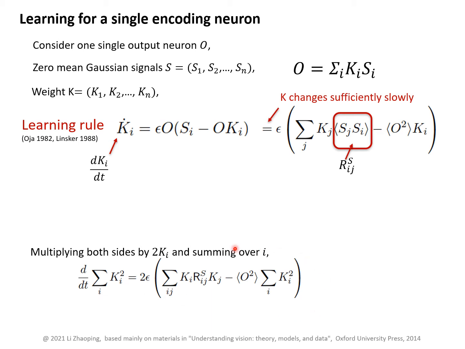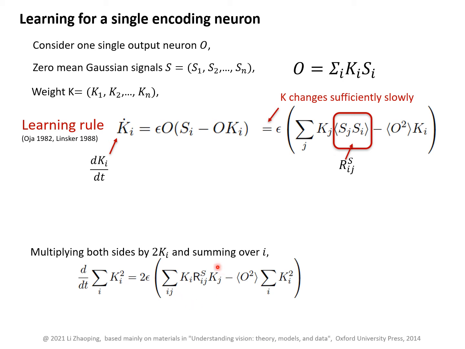On the right-hand side, in the first term, the sum over j becomes a sum over i and j, times ki. And the factor of 2, we already take it out. And similarly for the second term, ki times ki is ki squared, and again, sum over i, and again, a factor of 2 is out.